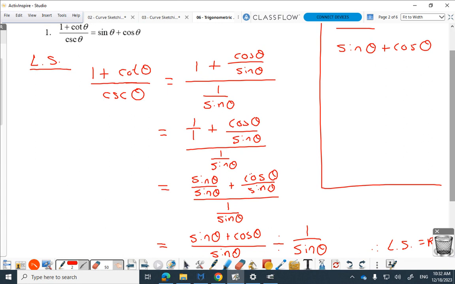And I could have right then multiplied top and bottom by sine theta. If I did that, I could have jumped all the way to here.